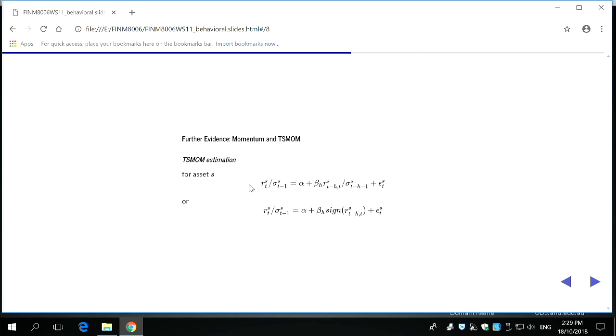It's normalized by the standard deviation because if you want to form a portfolio, you want the portfolio momentum to be adjusted by volatility. Or in another interpretation, the sign of your past return, whether positive or negative, will be relevant in predicting the future return.